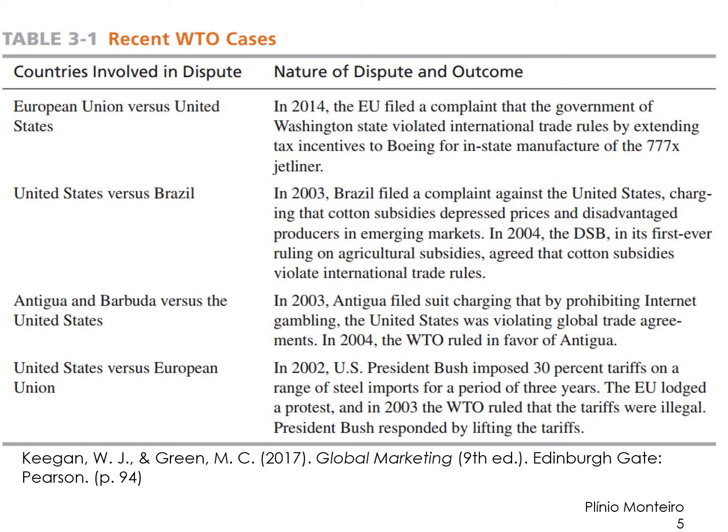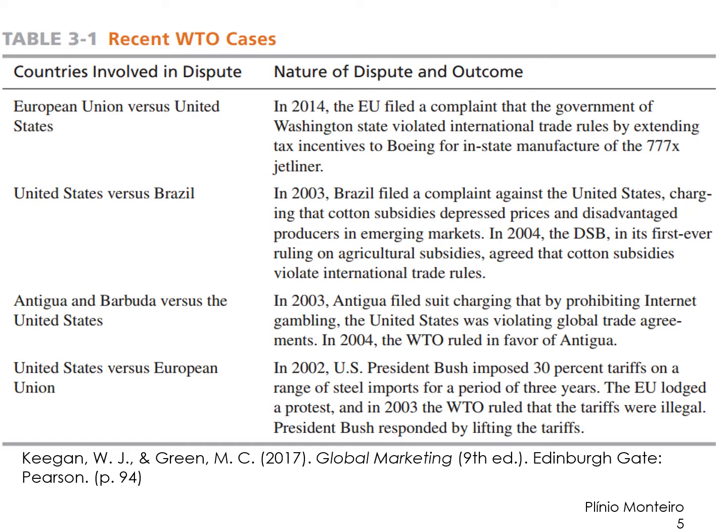Let's look at some examples of recent disputes involving countries in the world, for instance, the European Union versus the United States in 2014. They are complaining against the government about the violation of international trade rules because of tax incentives to Boeing.